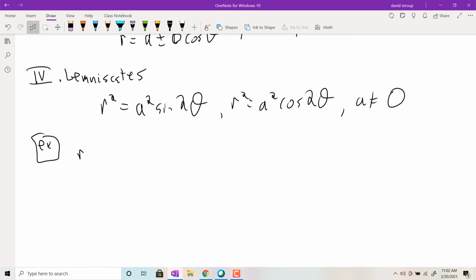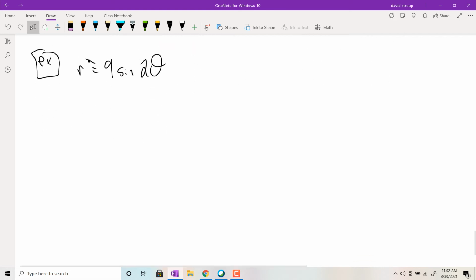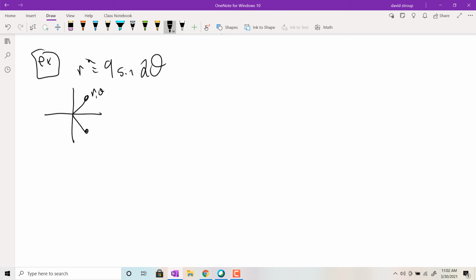Example, r squared equals 9 sine of 2 theta. And we're going to go through the symmetry for this guy. So first, again, let's kind of remind ourselves how these work. The polar axis symmetry, if you have r comma theta, you'll also have r comma negative theta.